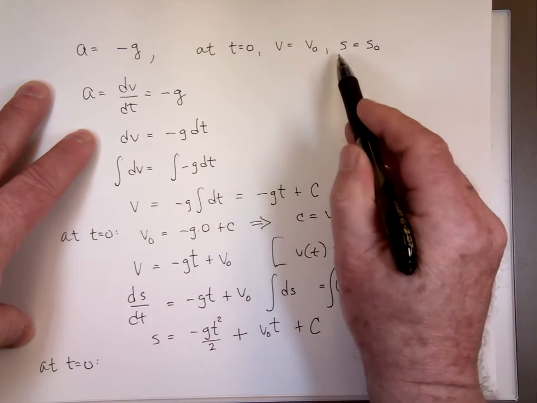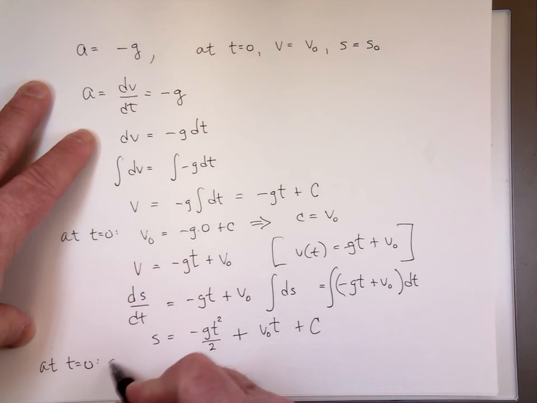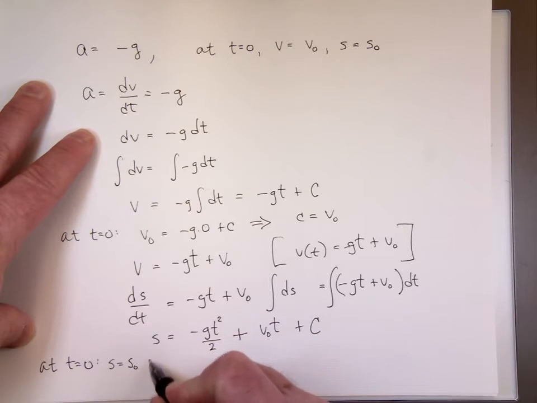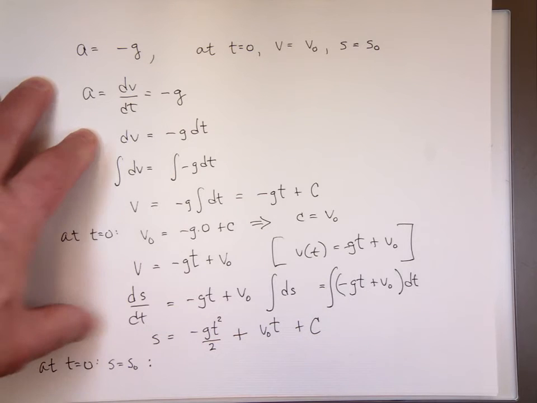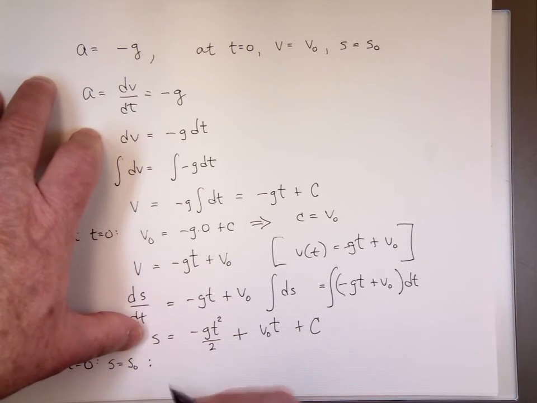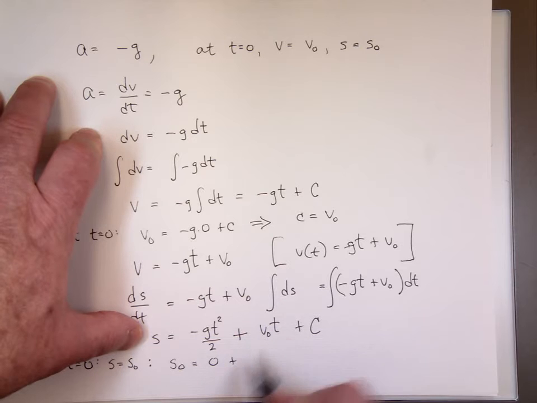Our position is our initial position. Therefore, s sub naught is equal to, let t equal 0, we get 0 here and 0 here. That tells us that C is equal to s sub naught.